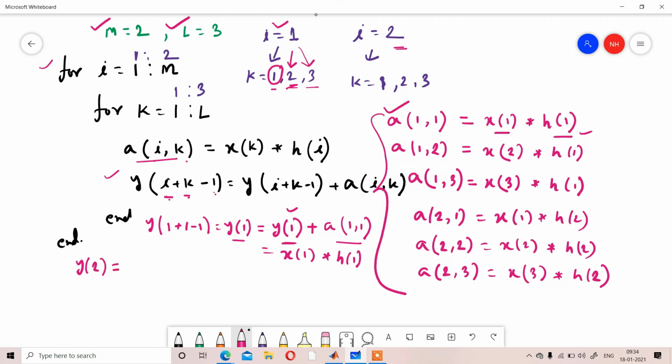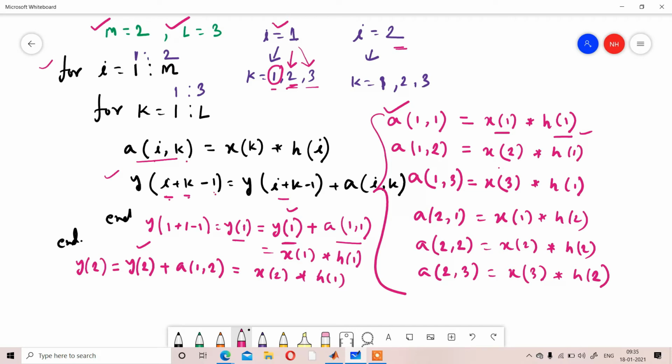y2 will be what? That is also y2. Initially y2 equal to 0, and plus aik. So I 1 k 2, so a 1 comma 2. That is the next value of y2. So y2 is 0, and the a 1 2 value we know is x2 h1.